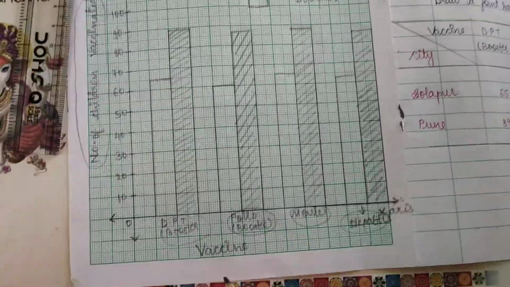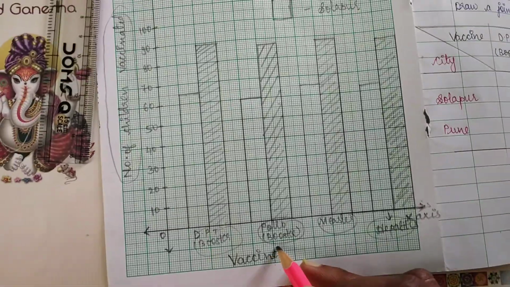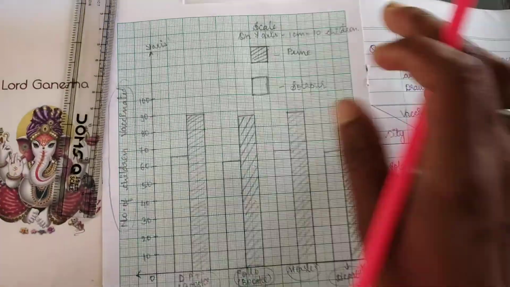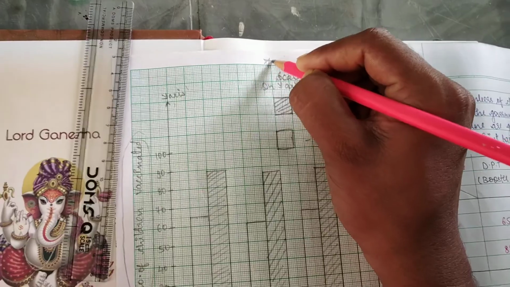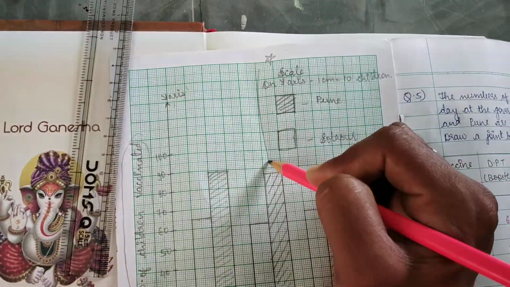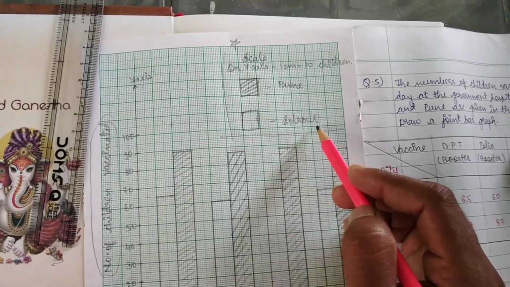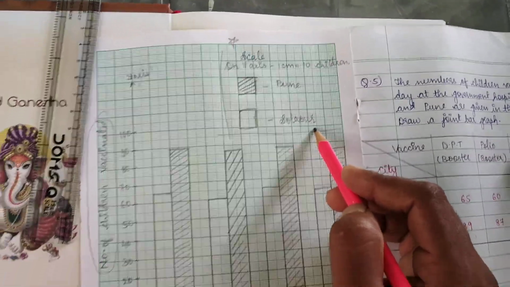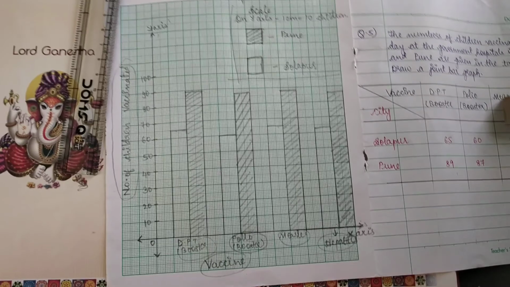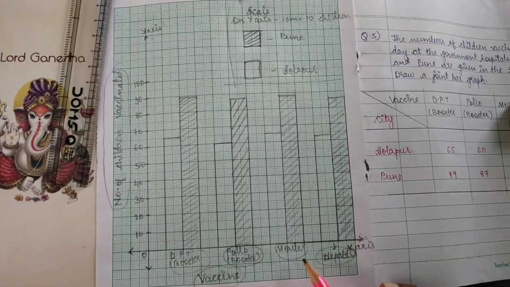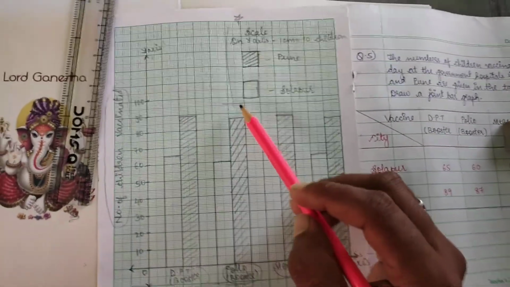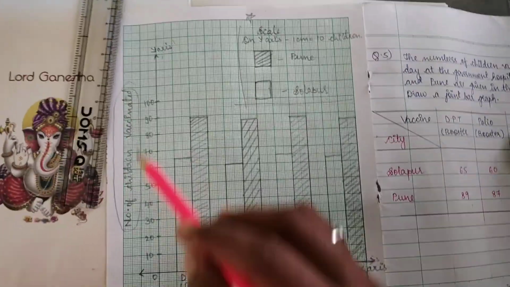In this particular question, the y-axis is the number of children vaccinated, and the x-axis is the name of the vaccine. What is more important is the scale. This is very, very important, because if you don't write it, you lose 1 to 2 marks. So remember, these are the different things that you need to write. This circle and all I just made for your reference. You are not supposed to make any circle, you are just supposed to write it.